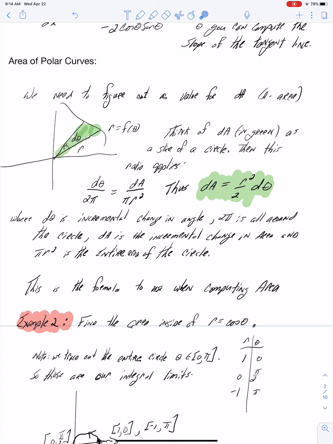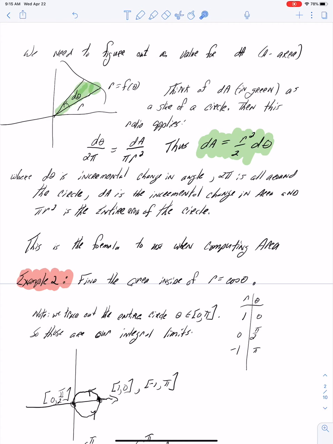Solving for dA then gives us dA is r squared over 2 d theta, and that is our differential of area as it relates to a differential of theta, the angle.